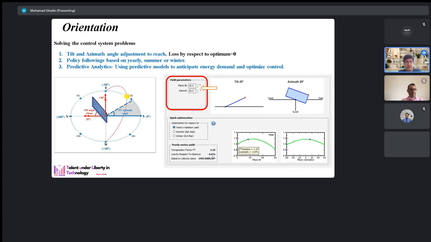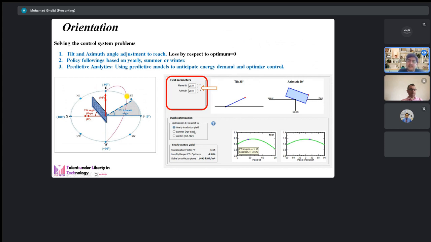Some technologies exist for tracking the sun and finding the best position of the panel with an electromotor in each hour, but because of the operation and maintenance problems of the system, most people prefer to use the fixed one. In this condition, tilt is important. You should use a trial and error method to find the zero loss with respect to the optimum value.